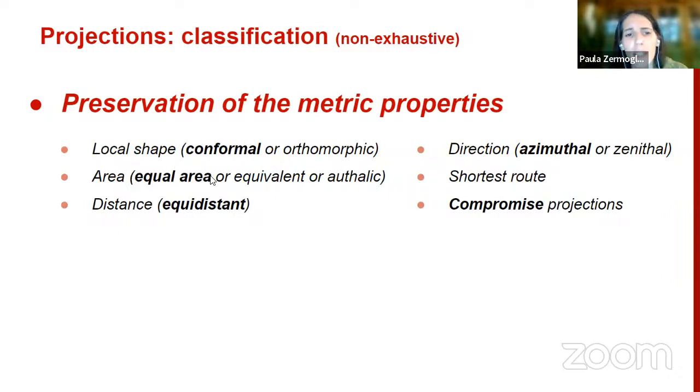We can have equal area projections that preserve the area in square meters, square kilometers. We can have equidistant ones that preserve distance, some that preserve direction that are called azimuthal, that preserve the shortest route, or compromise projections, which do not exactly preserve any of these completely, but try to make a balance between keeping the shape and keeping the area and keeping the distances, etc.